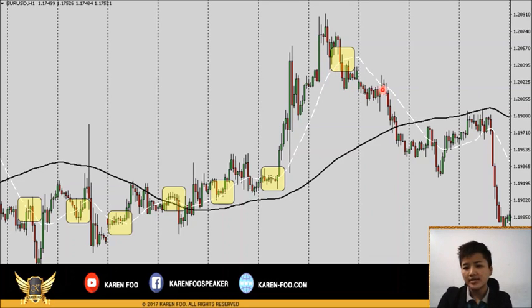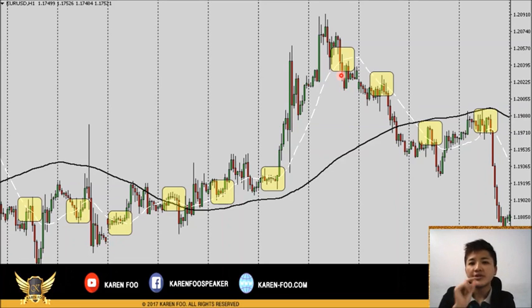Then again the next day, it touched right here and so on. So that's why I say it helps you prevent trading into reversals, because very likely a lot of people have a buy signal somewhere over here because it is in a bullish trend. But personally, I wouldn't buy because I know that it has to come back down here to touch 20 SMA. So if my stop loss is somewhere here, I would get stopped out.